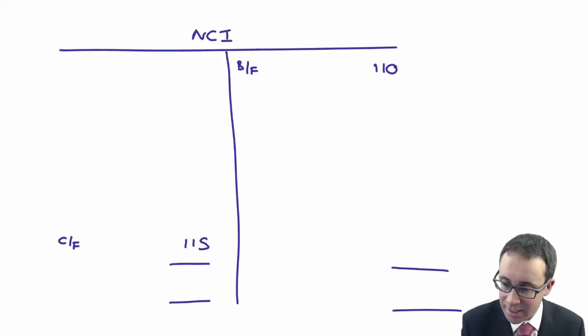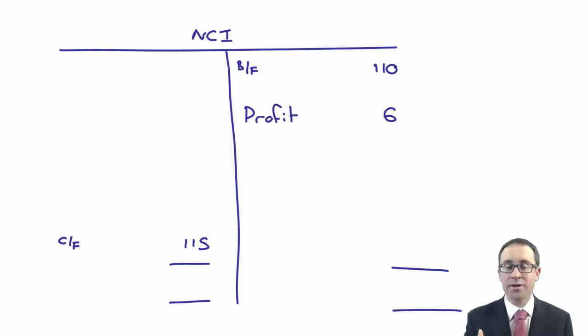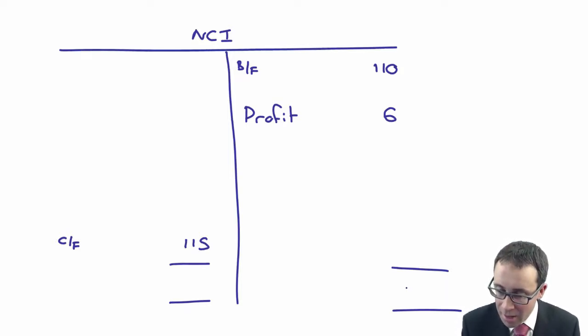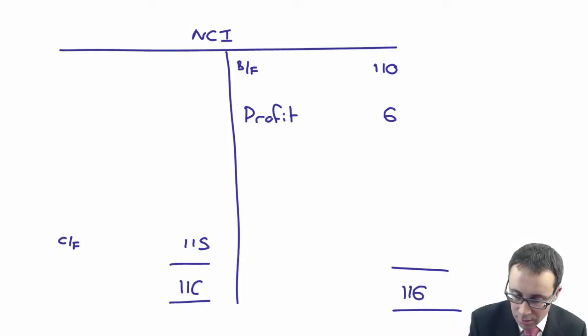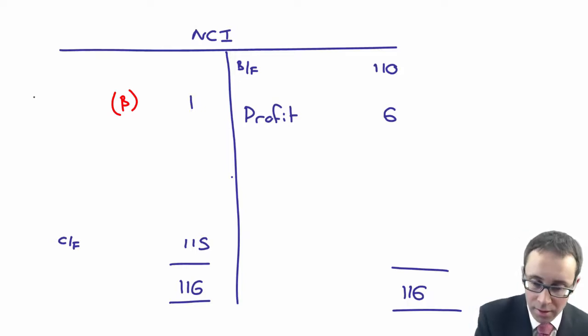It's there as 6, isn't it? So we can put in that profit figure of 6 because that's going to increase the non-controlling interest ownership. And then when you balance that off, it's 116 on the right, 116 on the left. When you balance that up, the balancing figure that you have is 1.